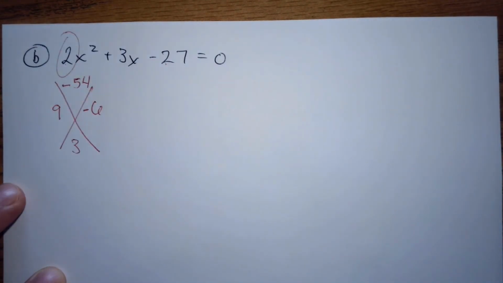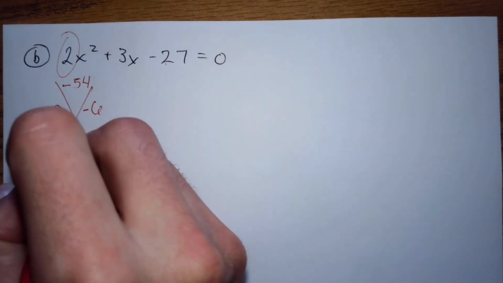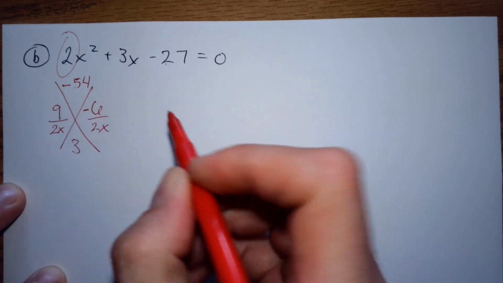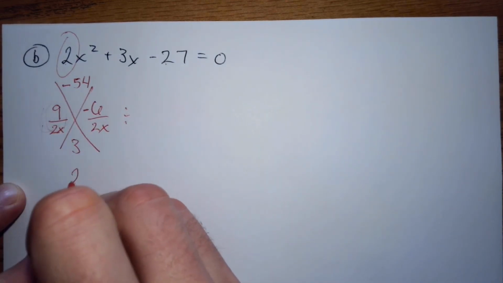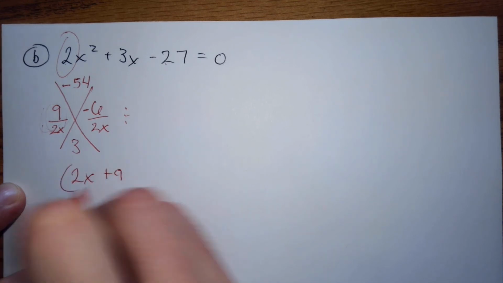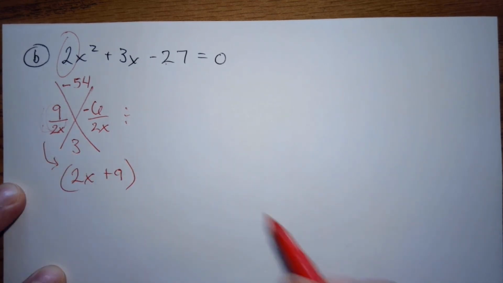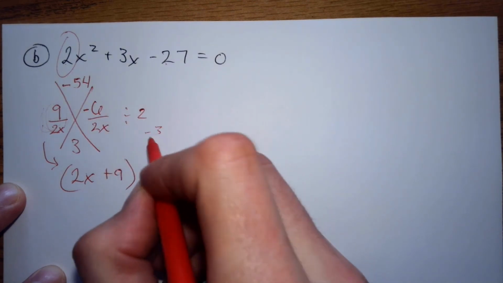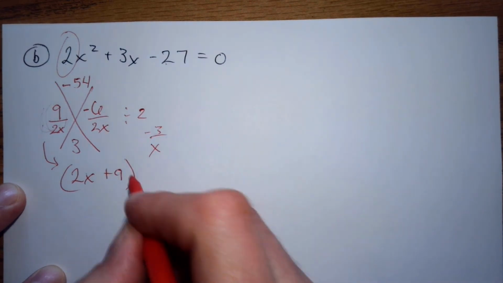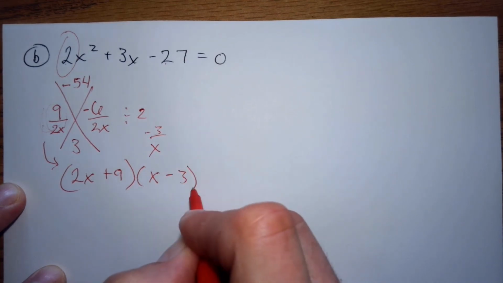And we have to divide by this 2 and an x for using super x. And reduce. I can't do anything to this one, so I'm going to have 2x plus 9. And then this one I can divide by 2. So that would be negative 3 over x. So x minus 3.